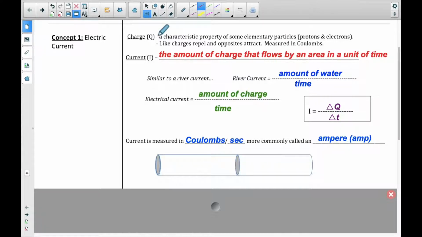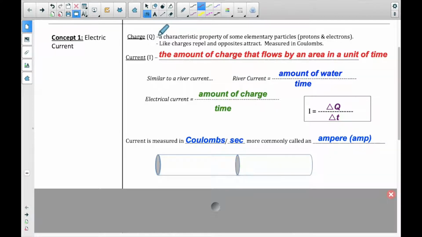And again, back to our unit in electrostatics, the same concepts apply, that like charges repel and opposites attract. And the amount of charge is measured in coulombs. That all should be review from the unit that we did on electrostatics. We're coming back to that now.